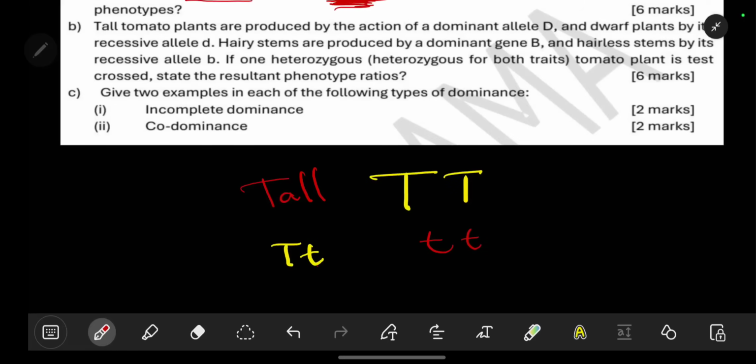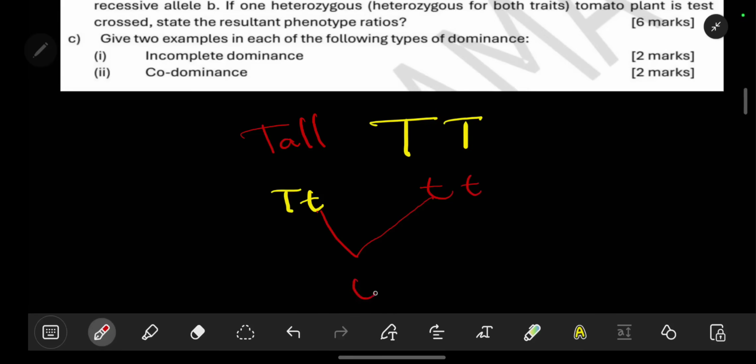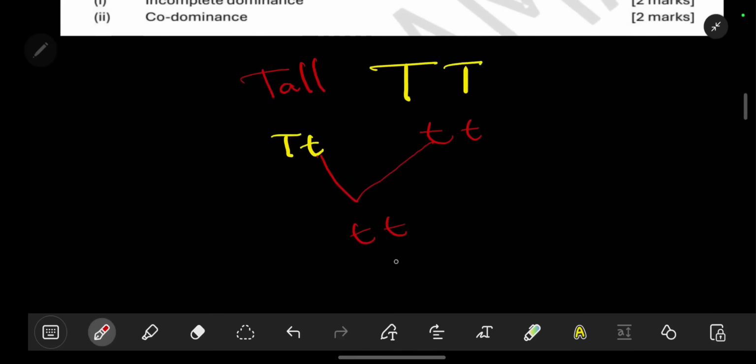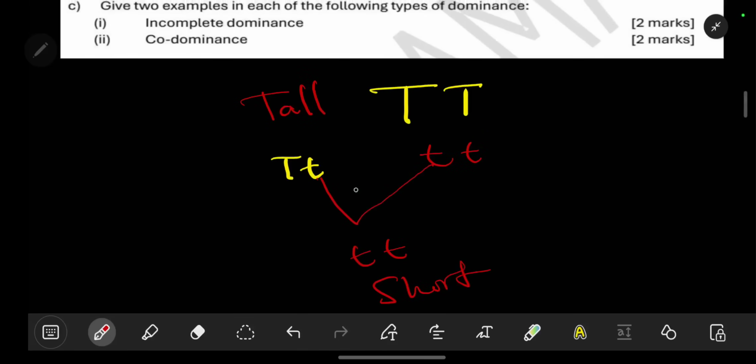Now you will find that as you cross, this T and this T will end up crossing each other. You will find something like this. So there would be an outcome which is short. Now for this other one, there would be an outcome that is short. Now if the parent has both letters that are big letters, there is no outcome that can yield that.